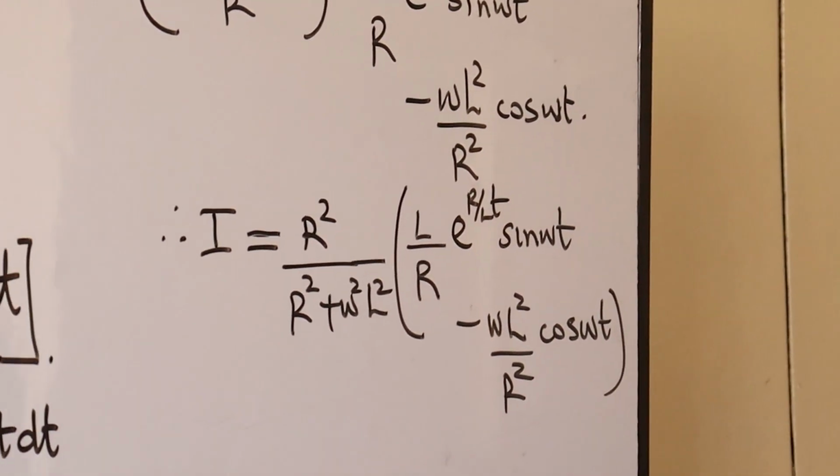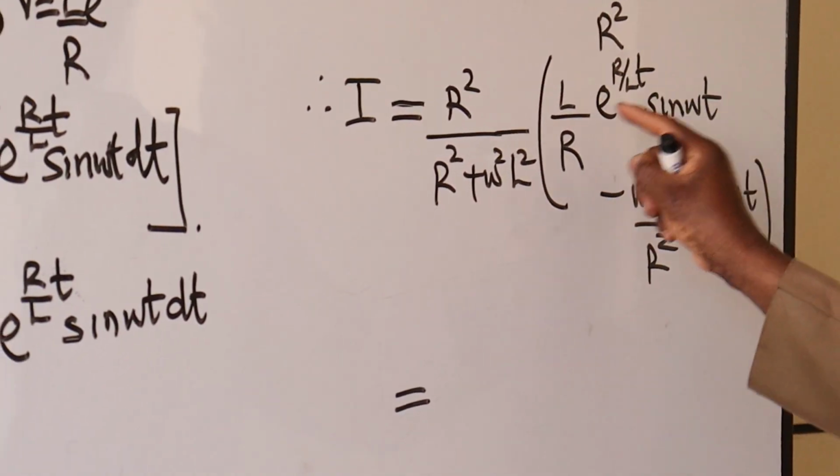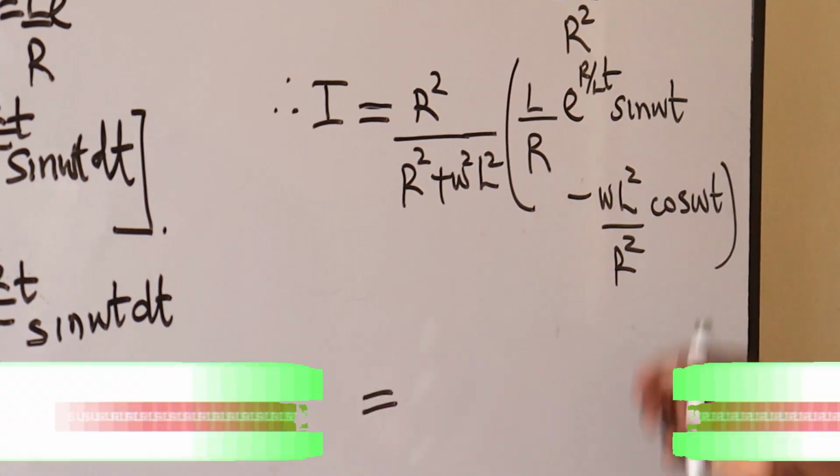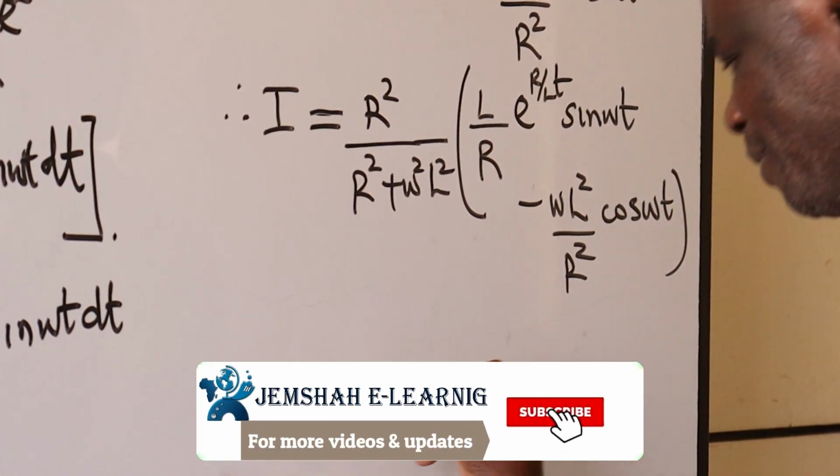which will be equal to, let's multiply through by this R squared inside the bracket, and then we bring the exponential out.